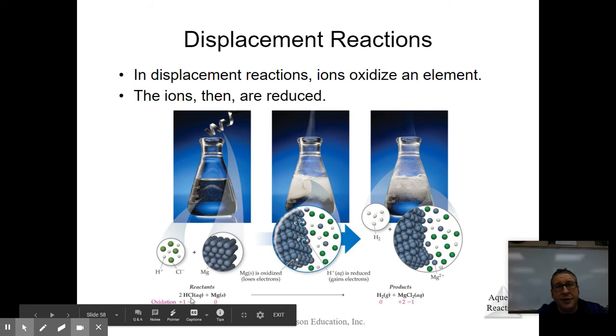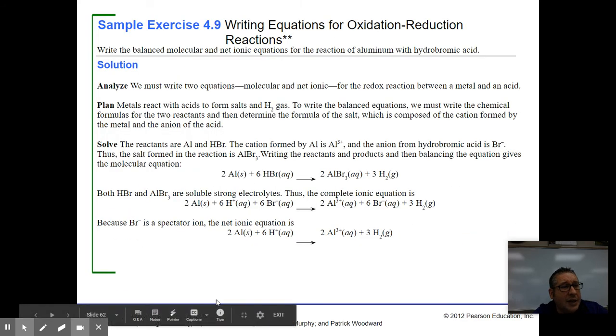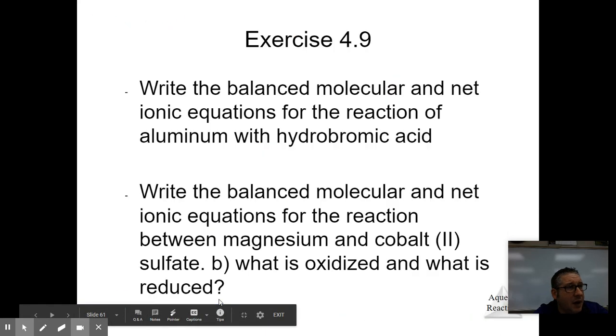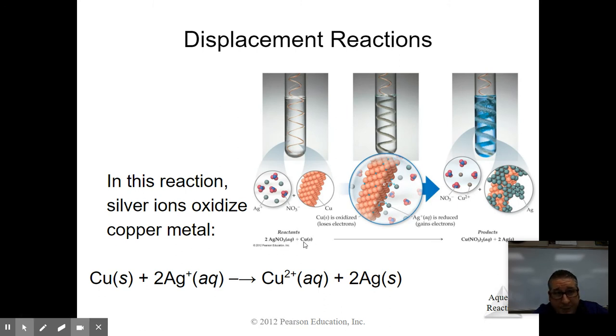Here we have a strong acid reacting with a metal by itself, okay? Stay with me here. If we have a situation like this, where this was silver nitrate, as we see here, reacting with copper metal, okay?